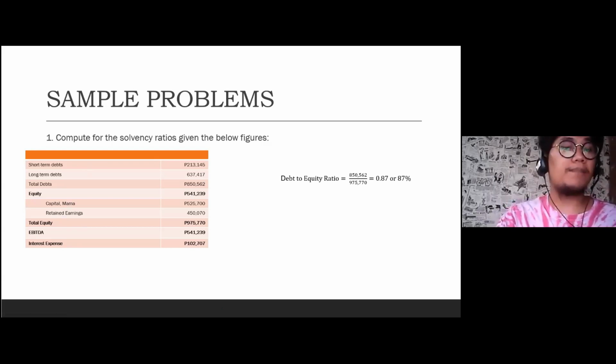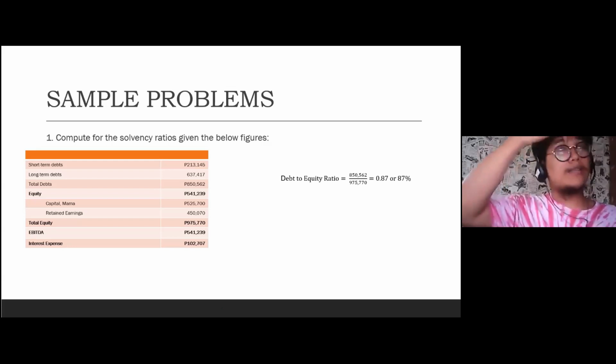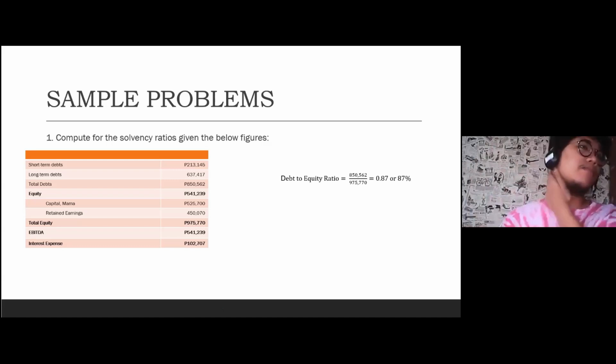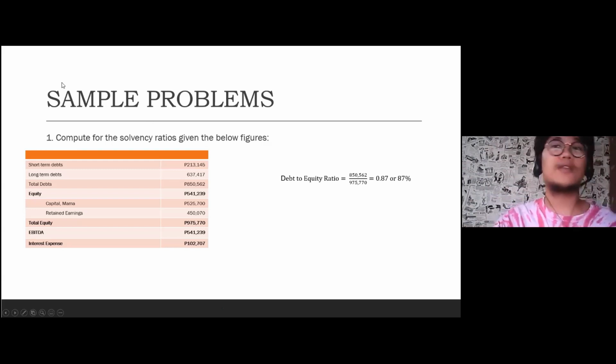For most companies, the ideal DE ratio is 1.5. And for large companies, the ideal is 2. So very risky yung mga ganong klaseng figures. But that's the ideal figures.